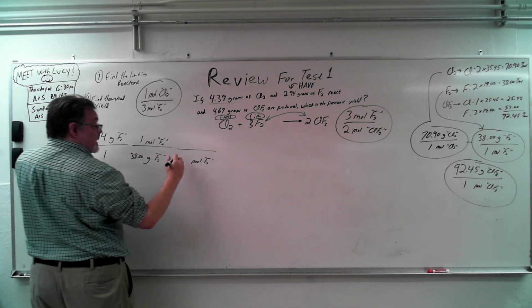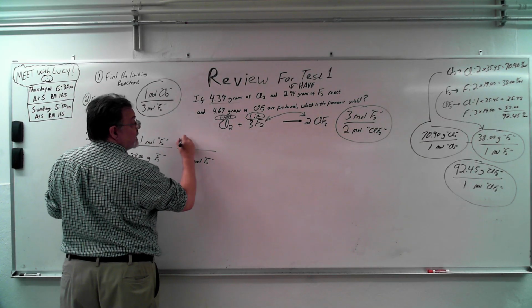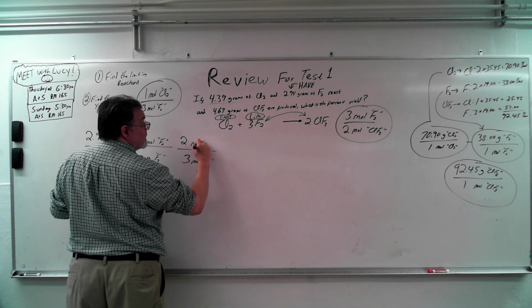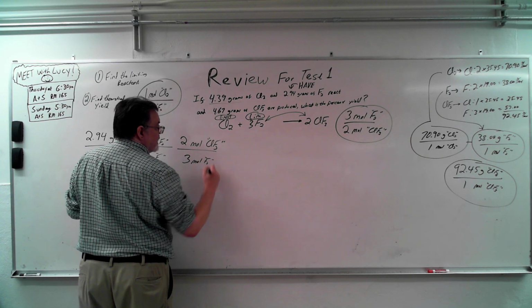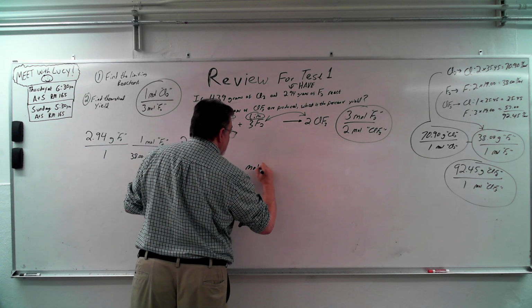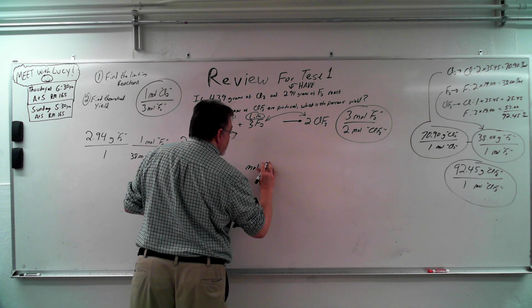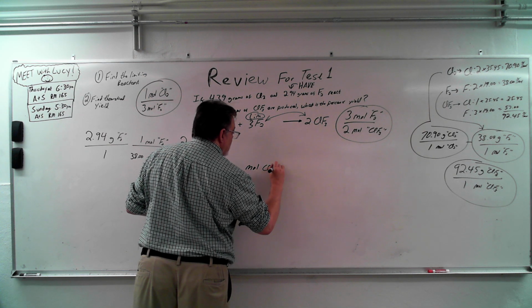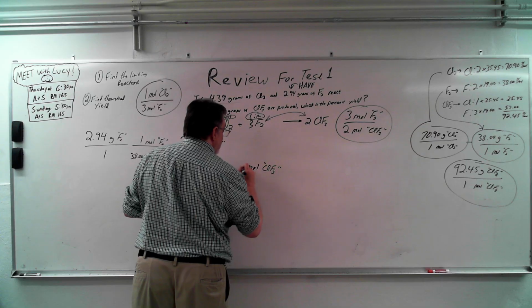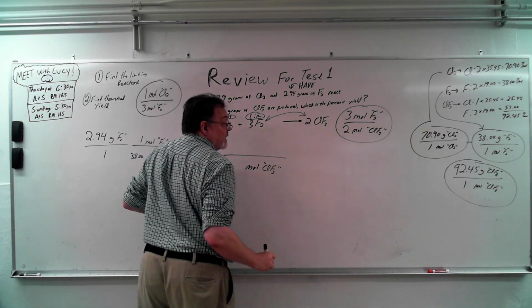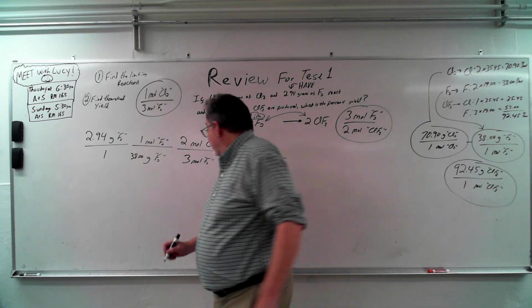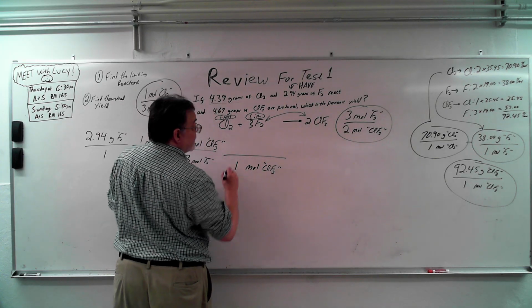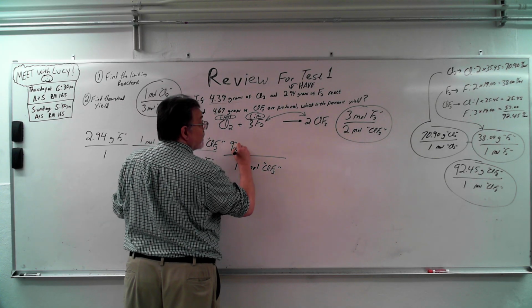Moles of F2 on bottom, 3, and then 2 moles top. That tells you moles of ClF3 goes on the bottom. Now we're using this, moles of ClF3. 1 mole of ClF3 is 92.